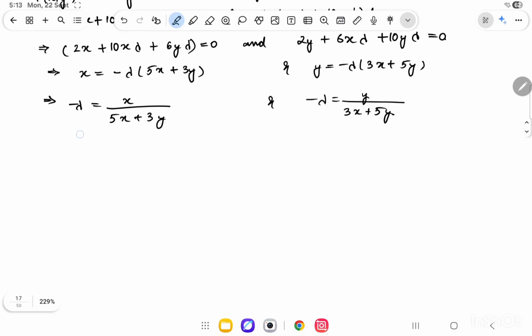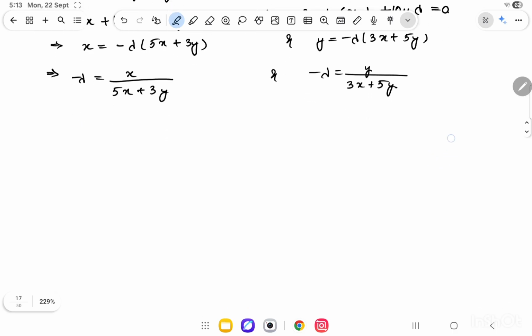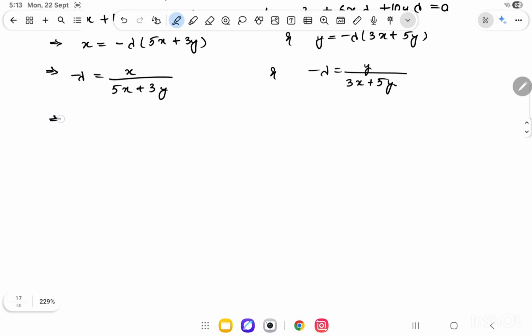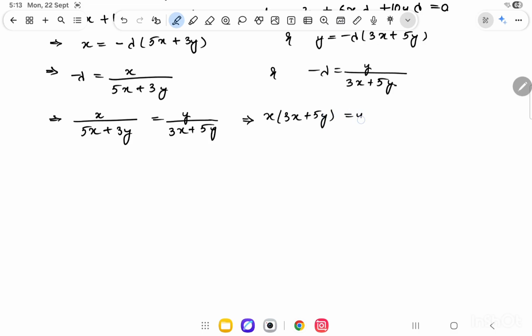Now I can equate these two values of minus lambda to get another relation between x and y. So x divided by 5x plus 3y equals y divided by 3x plus 5y. If I cross multiply, I get x into 3x plus 5y equals y into 5x plus 3y.